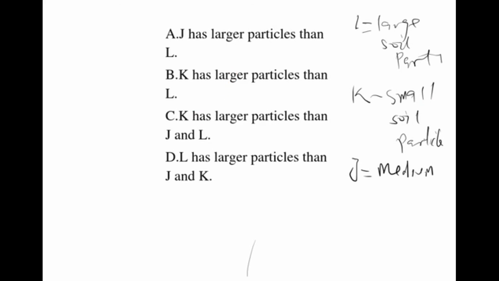K has larger particles than J and L. K has the smallest, so it is wrong. L has larger particles than J and K. That now becomes the correct statement.